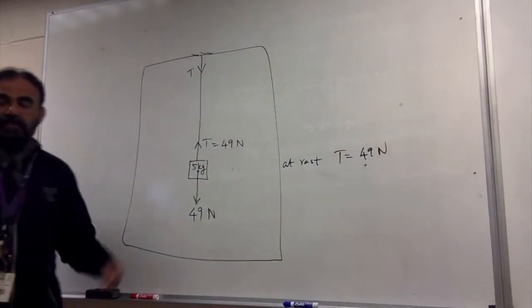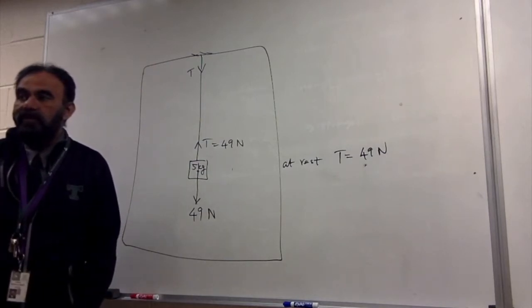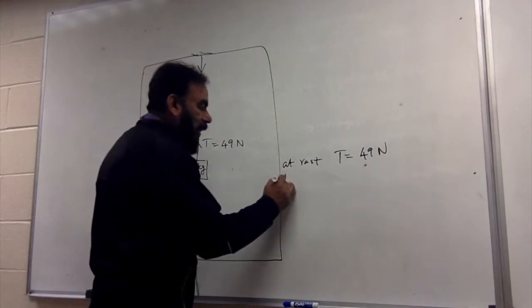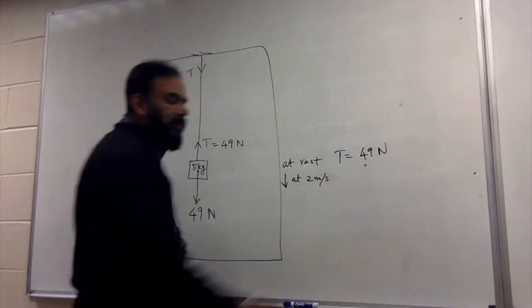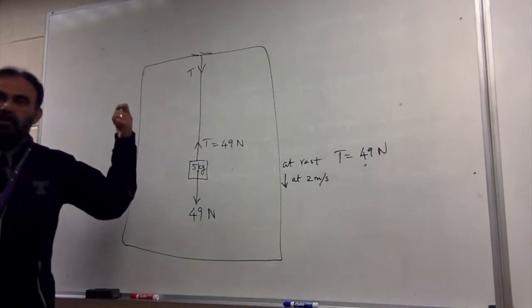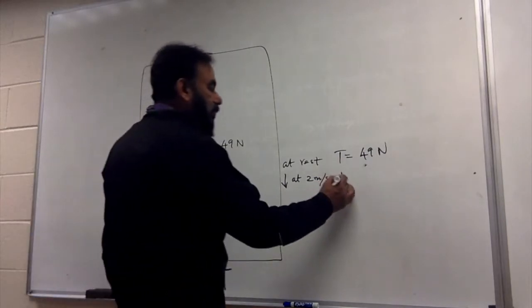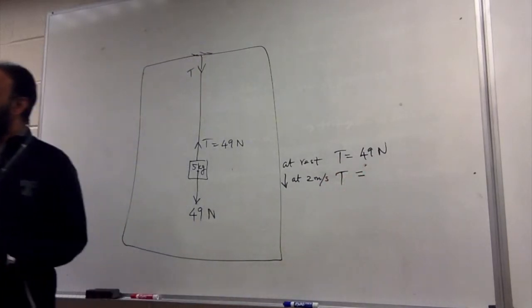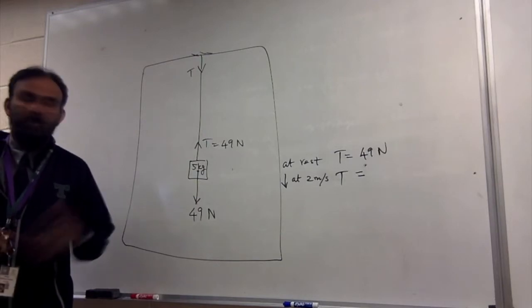Now let's say this elevator is on its way down. It's going down at 2 meters per second. If the elevator is going down at 2 meters per second, tell me what is the expected tension here?